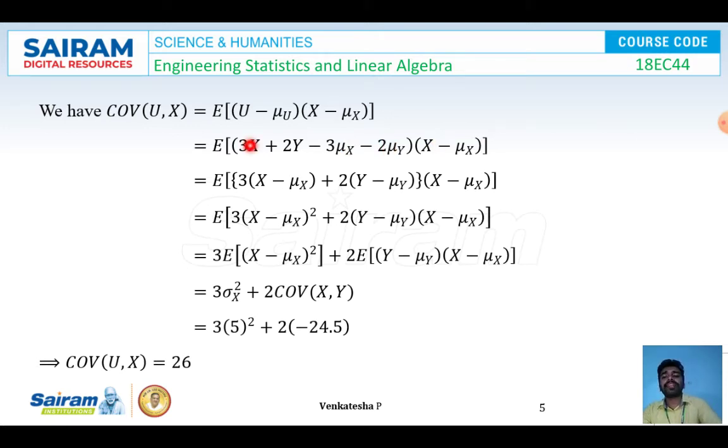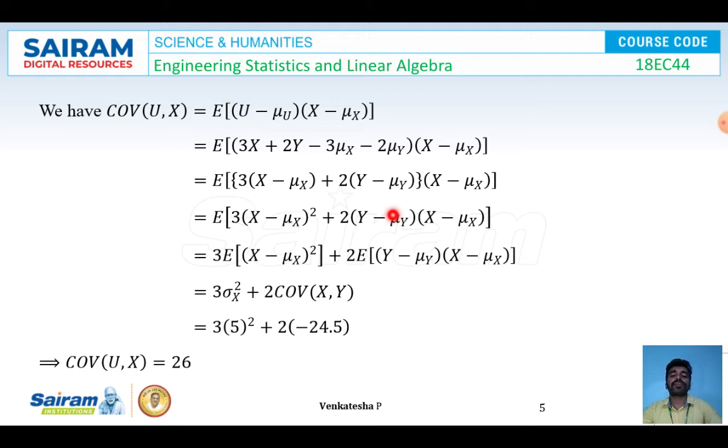By taking 3 common from this and 2 common from this, I got expectation of 3 into x minus mu x plus 2 into y minus mu y, into x minus mu x. So now multiplying this x minus mu x through these two terms, I got expectation of 3 into x minus mu x whole square plus 2 into y minus mu y, x minus mu x.